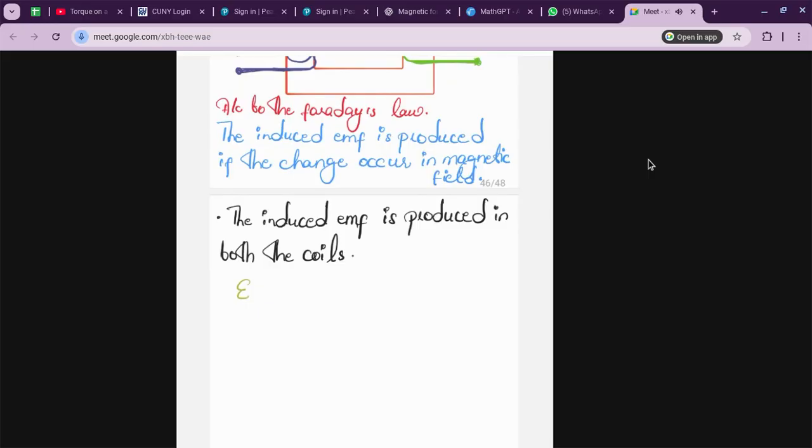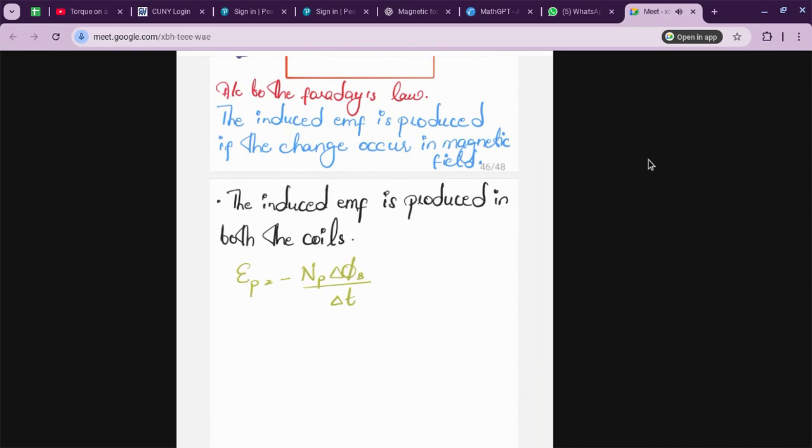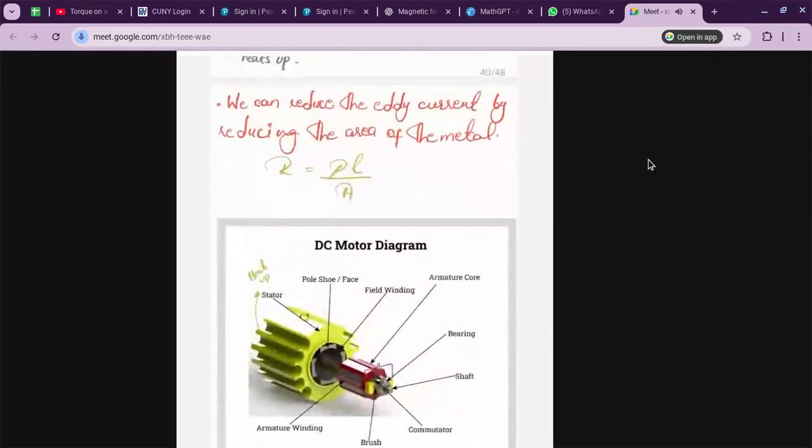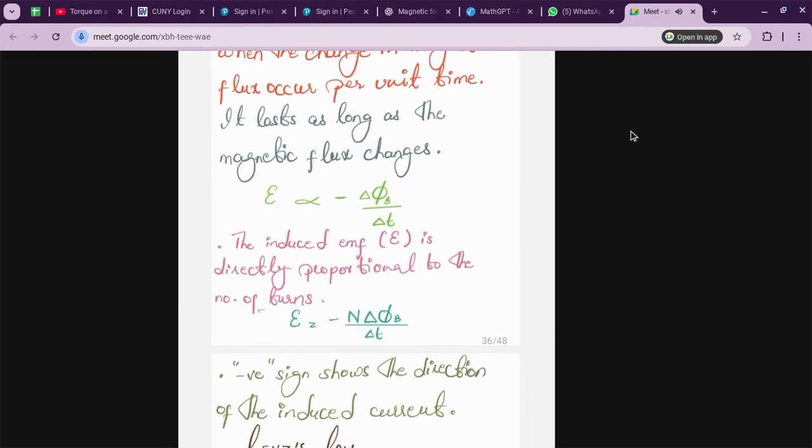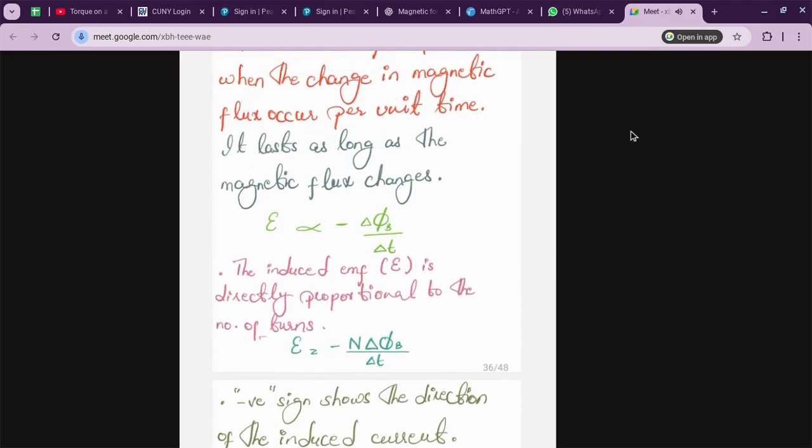And in the primary coil, EP equals negative NP delta phi over delta t. Where does this formula come from? This formula comes from Faraday's law of electromagnetic induction. Let me show you: E equals negative N delta phi over delta t.